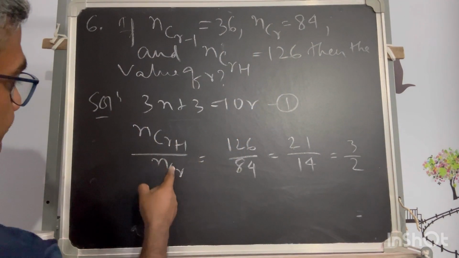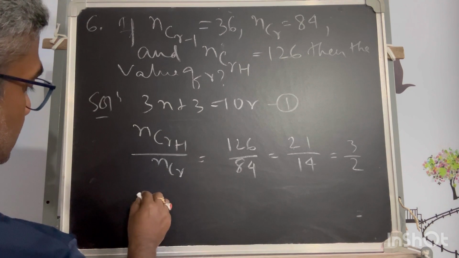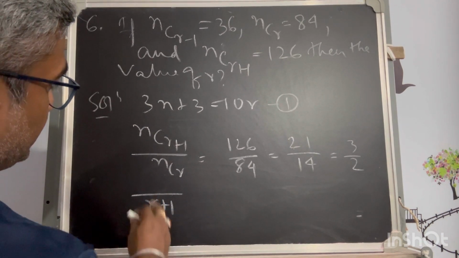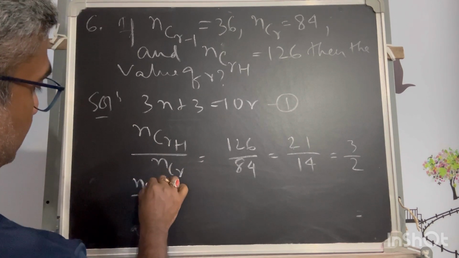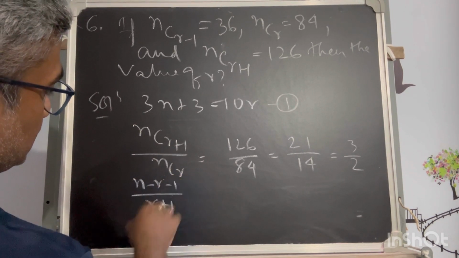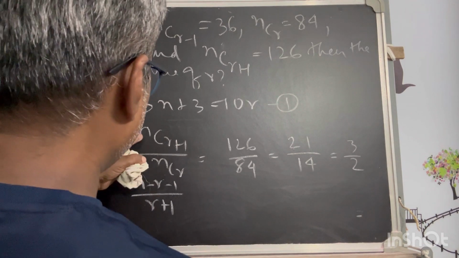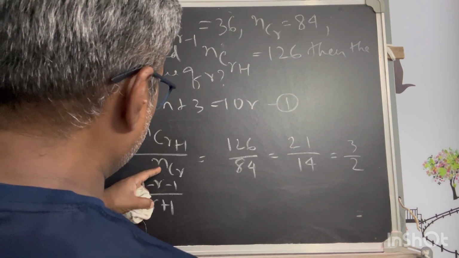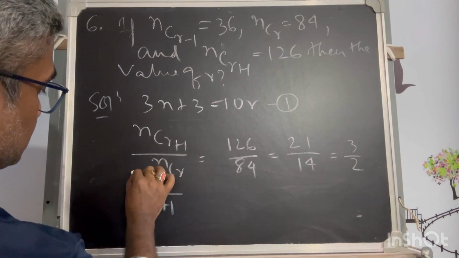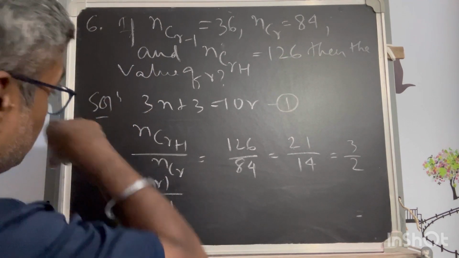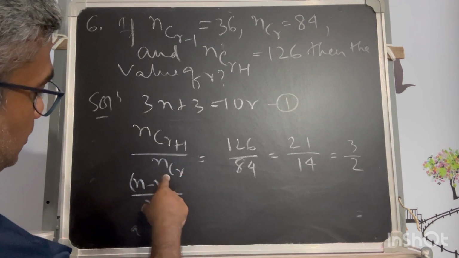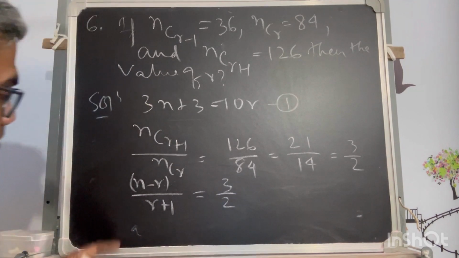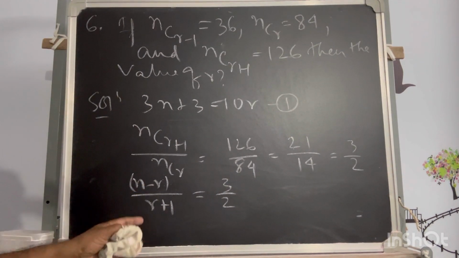And this will become nCr, so (r+1) will be at the bottom, and at the top n minus r minus 1, so n minus r will go up, and this will be the case. I am just jumping some of the steps.